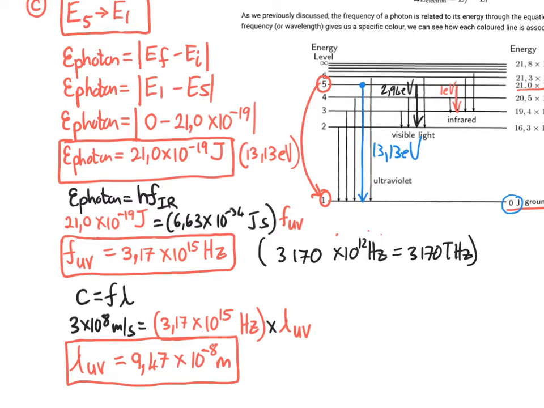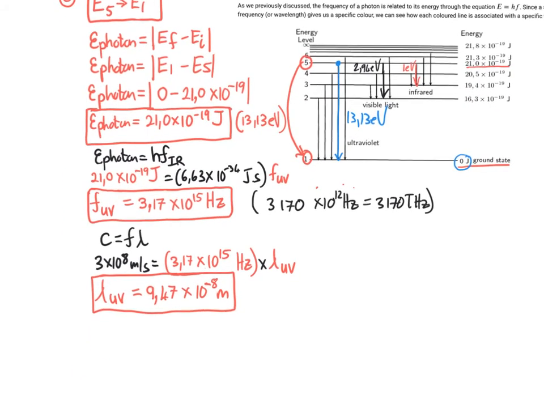If we want to convert it to nanometers, which we were asked to do, then that means we want to write it in the form of 10 to the minus 9 meters, which means that we need to multiply by 10 to the minus 1 here, which is the same as dividing by 10 to the 1. So if we're going to do that, we're going to times by 10 to the minus 1 here.